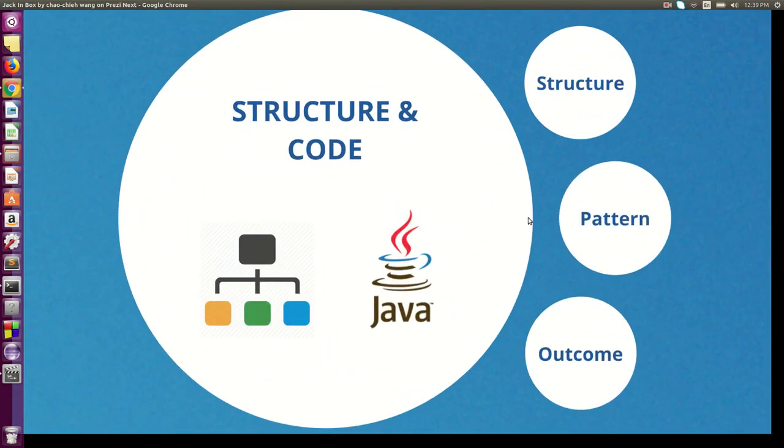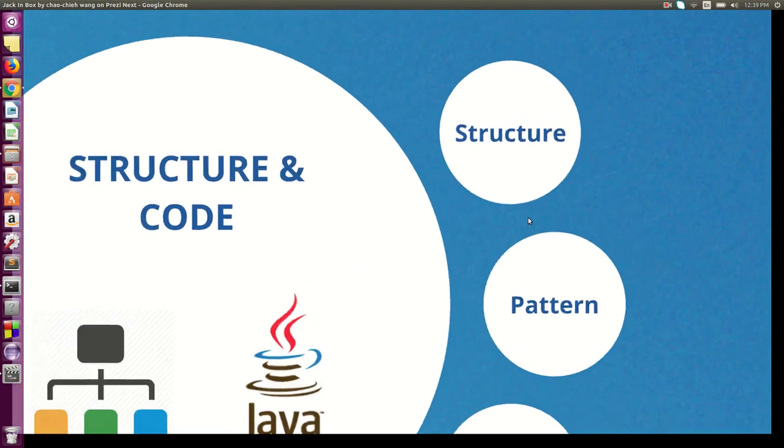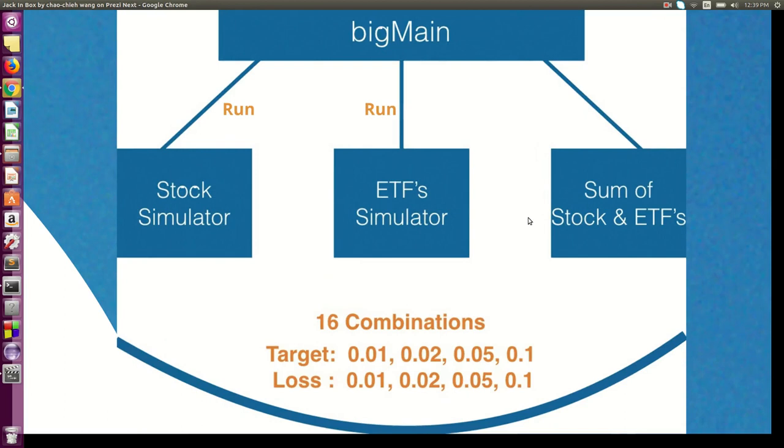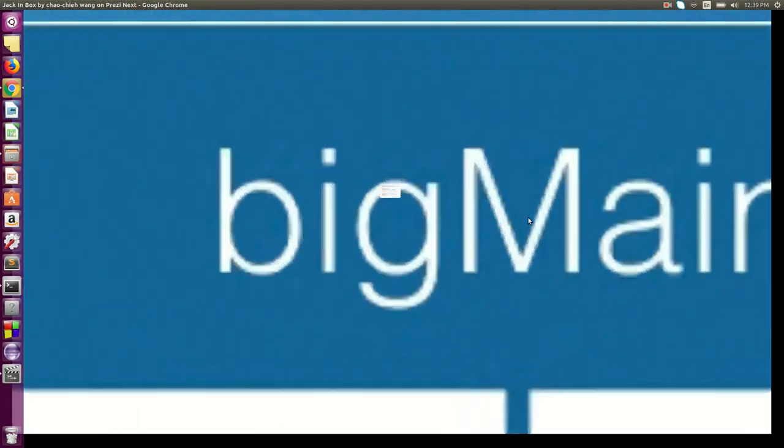On the structure and code part, I will explain how we implement the Jack in the Box strategy in our programming. The Bigman, stock simulator, and ETF simulator are the main Java classes that will do the core part to find the result or the patterns for the stock market.